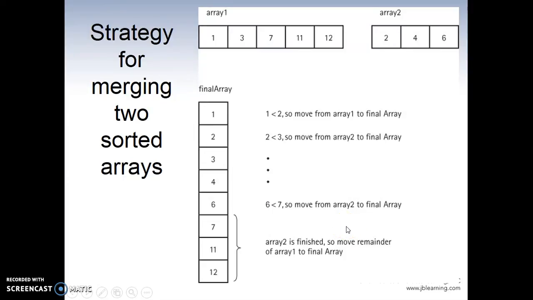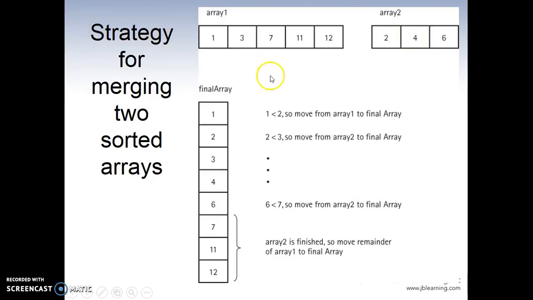So let's look at, we have array 1 and array 2. We want to look at how we're going to merge. We already know we can cut in half, right? So how do we merge these two?